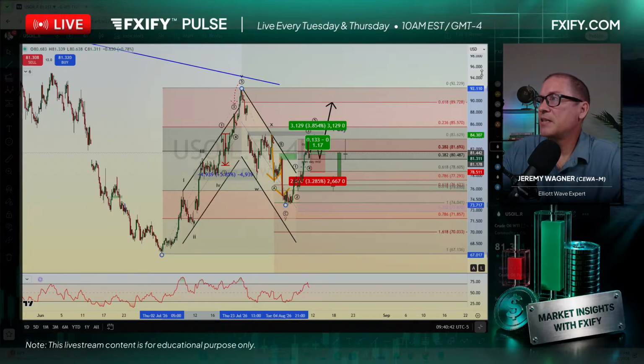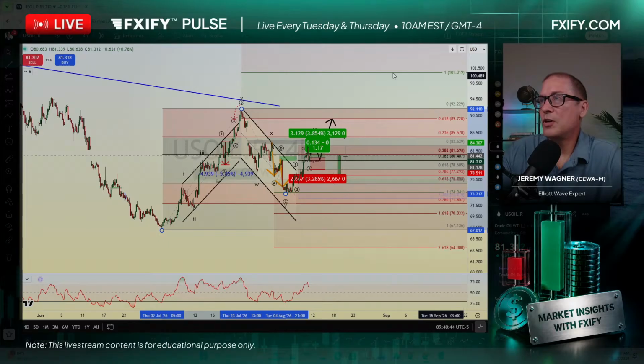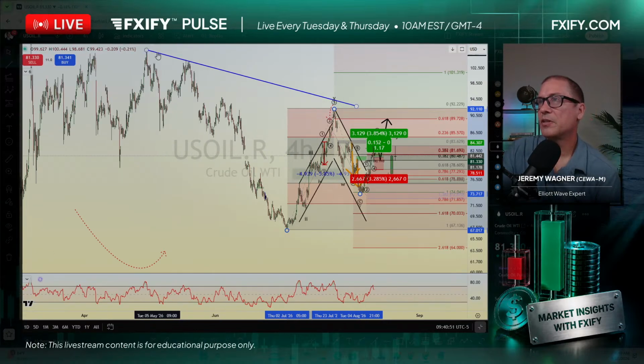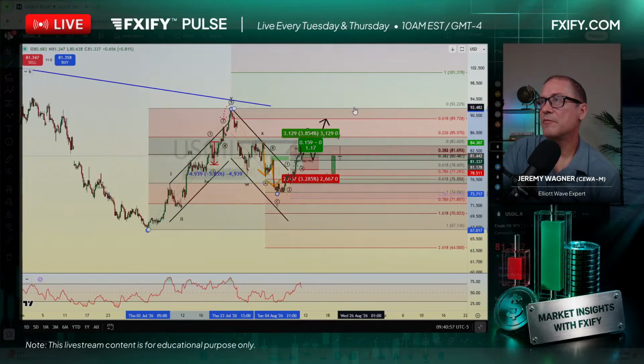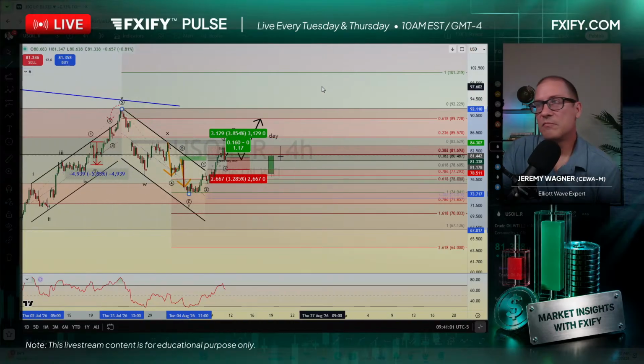So around 89 and then 101. So basically, about your 100. Now it does have this longer term resistance trend line going back to April that it would need to contend with. If it breaks up above there, I think it works itself up to 100. So over the next several weeks, I think we're seeing higher oil prices coming.